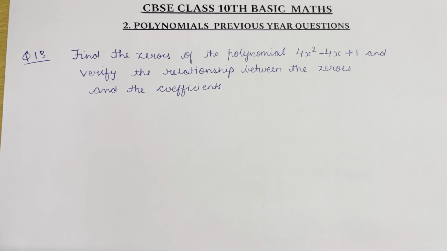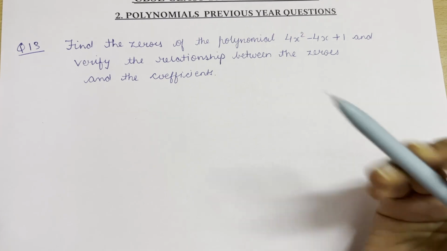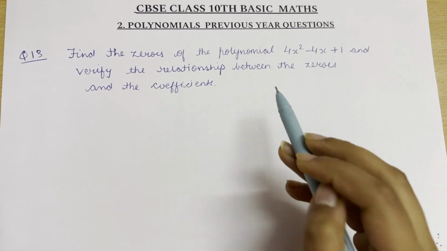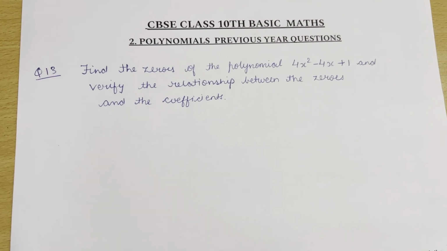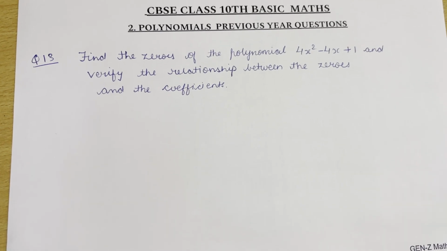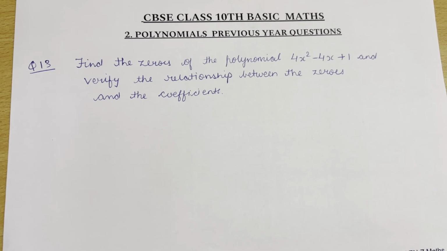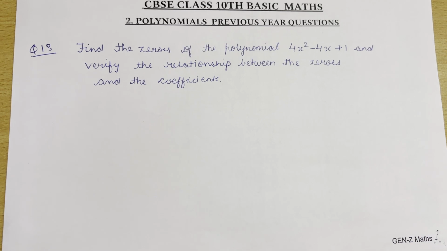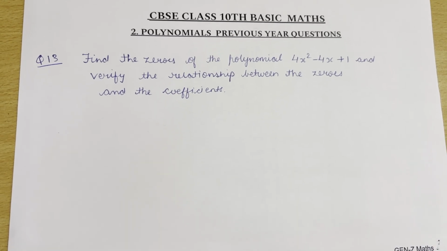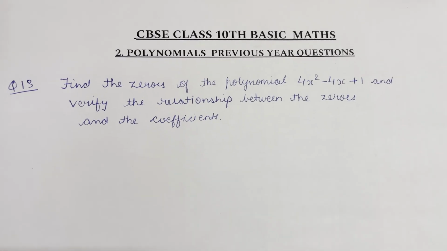You just need to find zeros from this polynomial and verify it with the relationship: sum of zeros equals minus b by a and product of zeros is c by a. You can easily get full marks in these types of questions, as they are very less time taking, and you don't need any extra knowledge to solve them. So let's begin solving it.